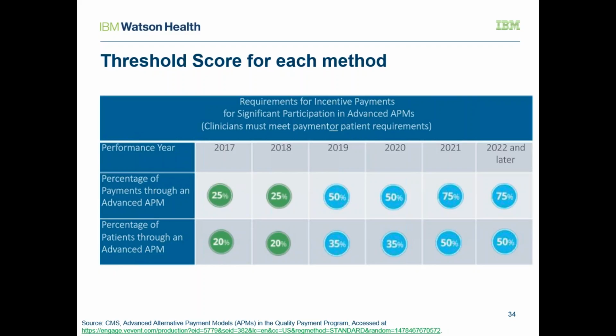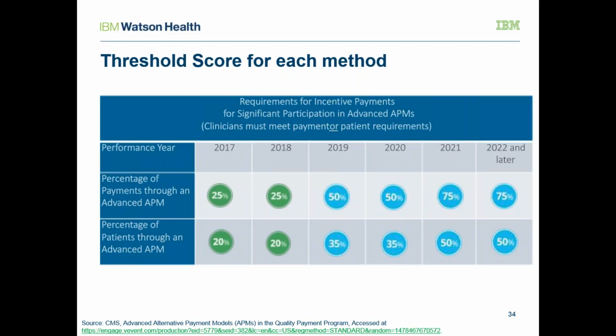You can see it gets more aggressive as time goes on, so it's important to understand that. CMS will give all advanced APMs a summary of this in early 2017, I believe, for them to know where they sit. It's also important to remember this is over a payment year, the full payment year, because these programs run calendar years.